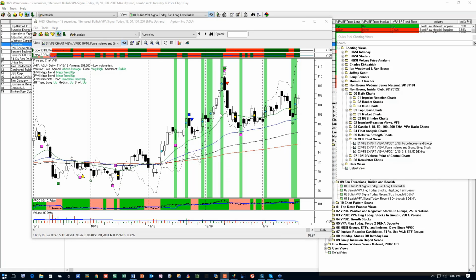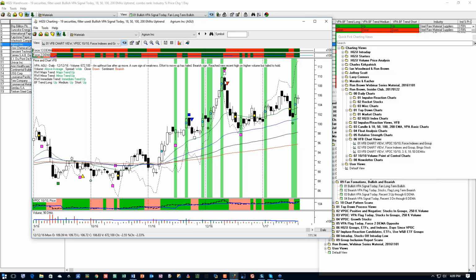Oftentimes you'll find with VPA flags, especially when they get extended, that is when people are getting on late. So this is an effort to rise here, and it was at the top of the run, and look what happened the next day.